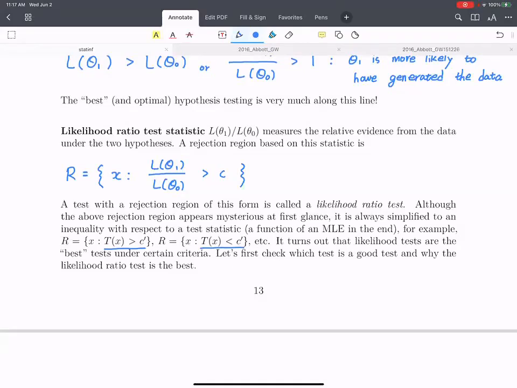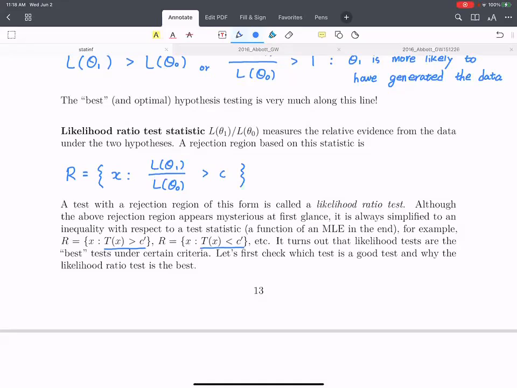In most statistical inference textbooks, you will see only these simplified forms, because deriving those simplified inequalities from the likelihood ratio may be tedious.